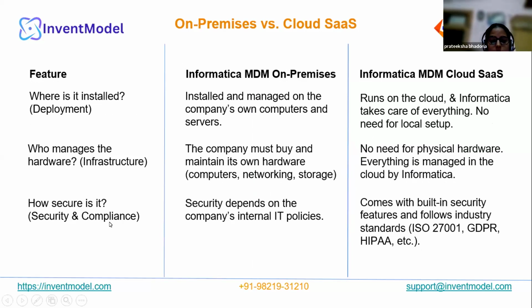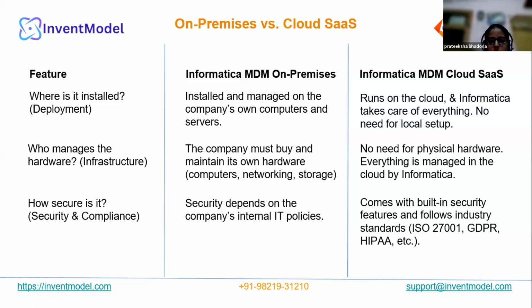The first thing every organization looks at is how secure it is, because security and compliance are very strictly followed for every organization, since trust is what customers look for. For MDM on premises, the security depends on the company's internal IT policies, because the software is installed on their local systems.